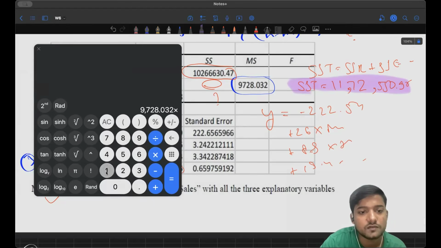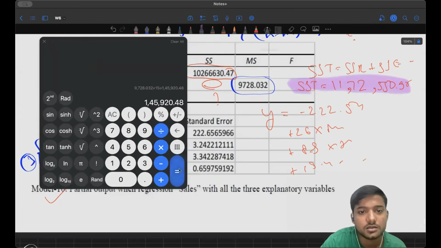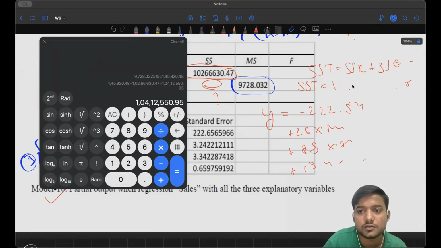9728.032 into 15, right? This is what we have here. Three things come up here, 15, correct. So this is what you should get, right? 145,902 plus this thing plus above would give me 102,666.30.47. Okay, this is the wrong answer I had written here. This is not supposed to be that. So sum square total would be this value, 104,12550.95.